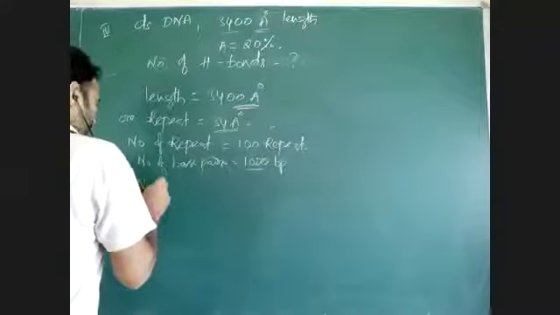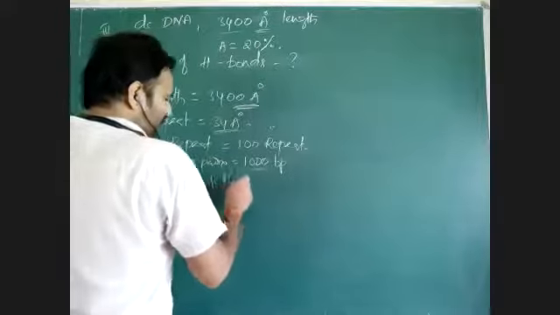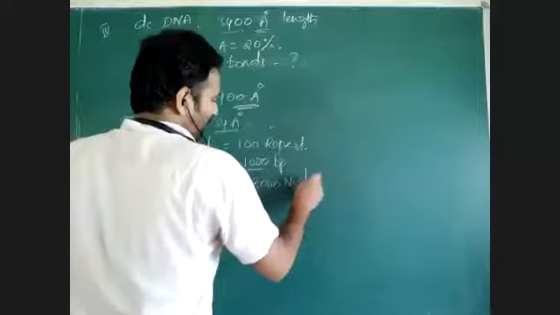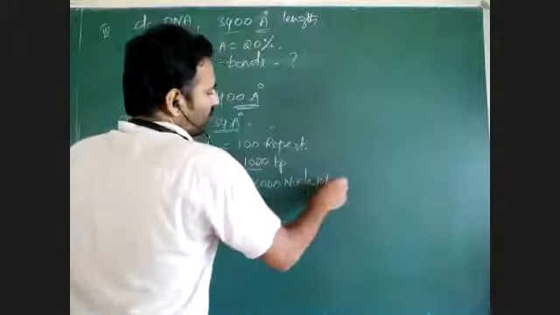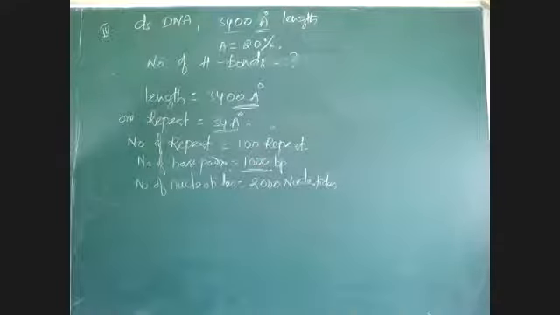So number of nucleotides is equal to 2000 nucleotides, because 1000 base pairs are there and one pair is equal to 2 nucleotides.